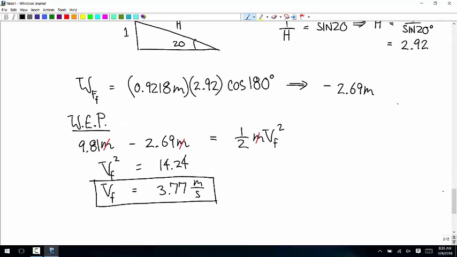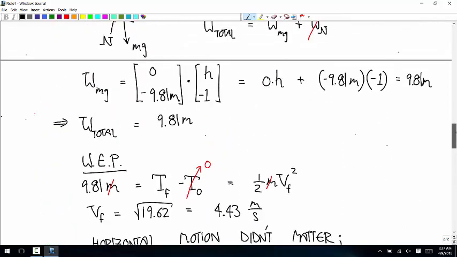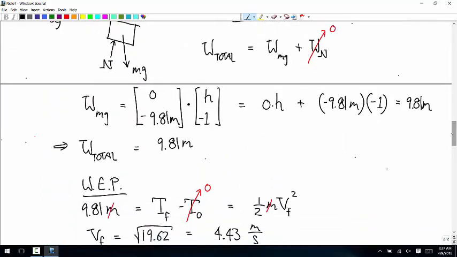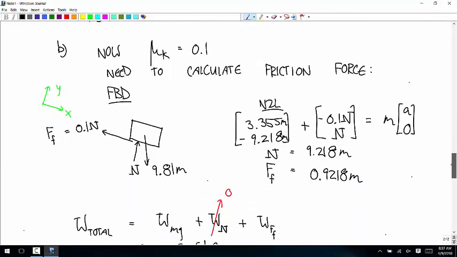Okay, so look at the amount of work we did when there was no friction. Basically nothing. It's way easier to do it with no friction using energy than to use Newton's laws.